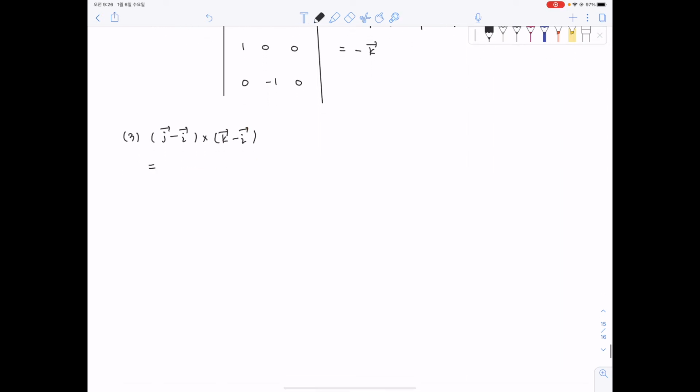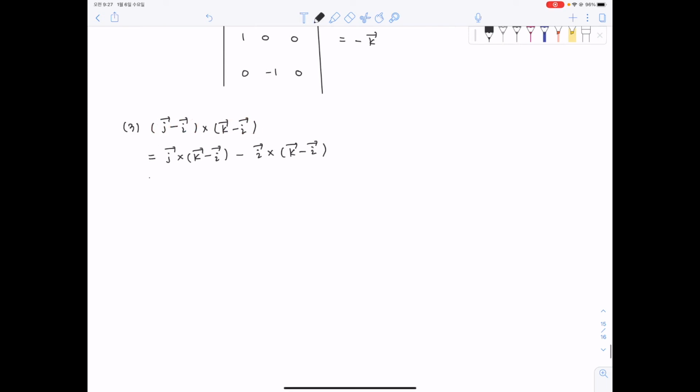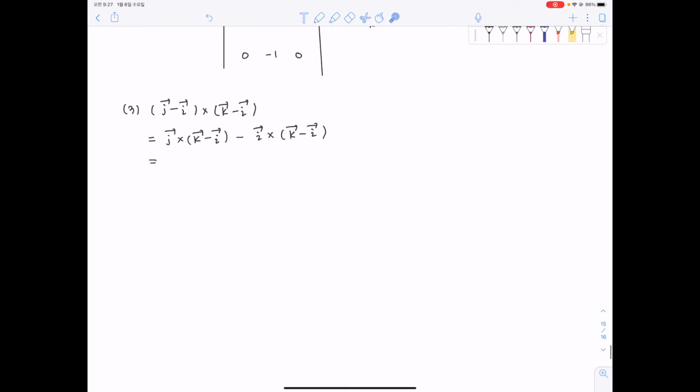So here it is j cross product k minus i, minus i cross product k minus i. I first use like this one, okay? And then we can also use the property like this.